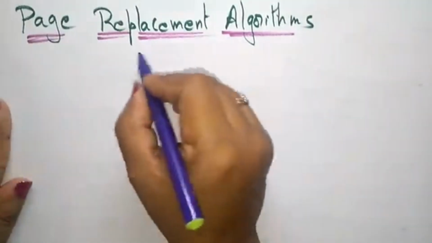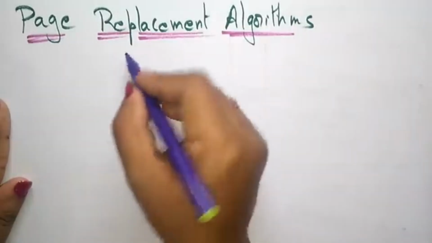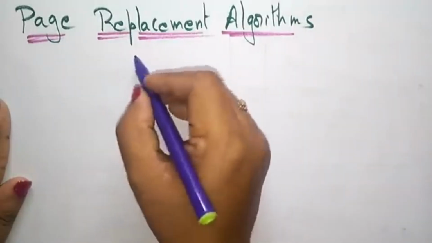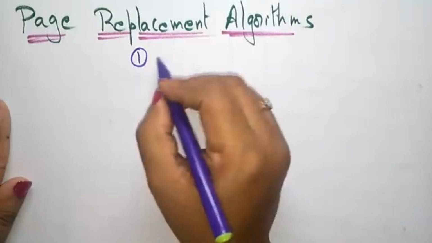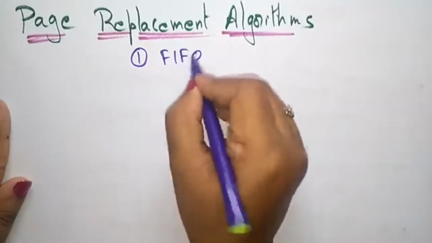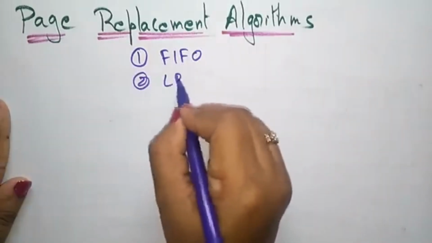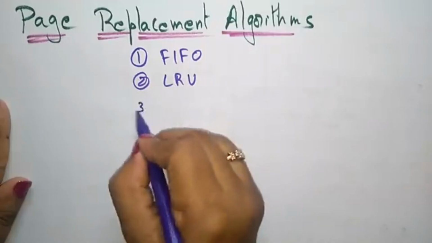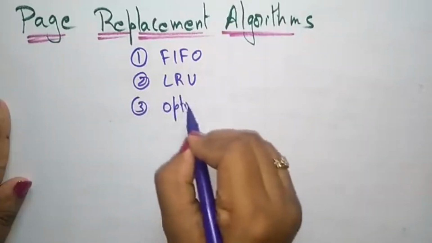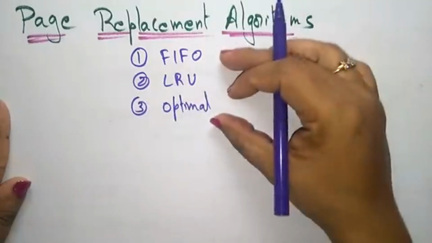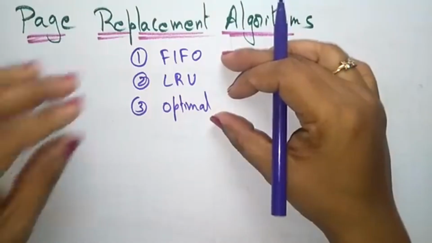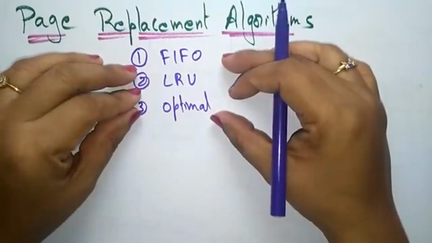There are three different algorithms that we use in page replacement. One is FIFO, first in first out, then least recently used, LRU, and the optimal. So these are the three page replacement algorithms. Why are we using these three different algorithms?